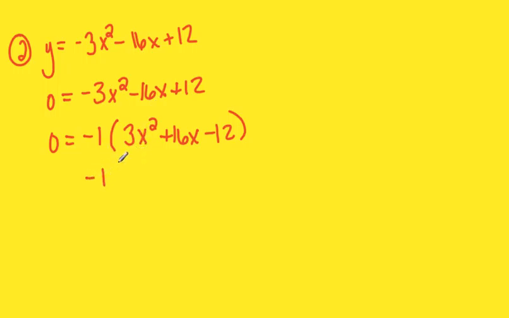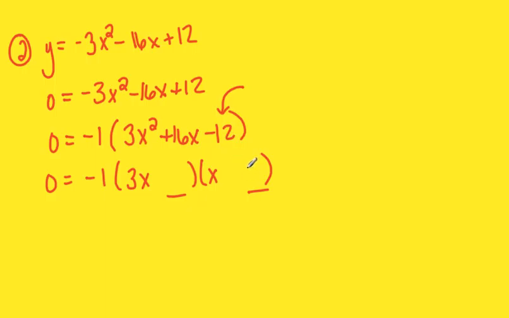Okay, and now you have to try to factor what's left. To get a 3x squared, you'd have a 3x and an x. And then I have to get negative 12 in this slot, but it has to add together to be 16. I'm going to multiply that by a 3 there. So try to pause it and do that by yourself. We'll try a few here.